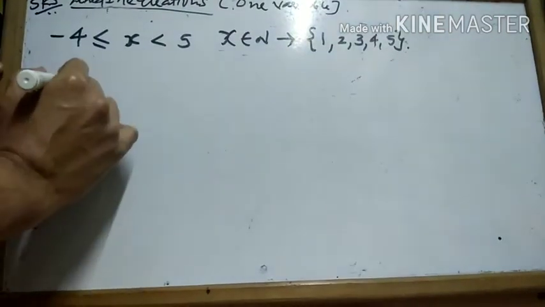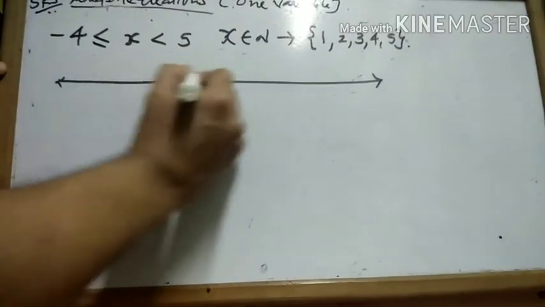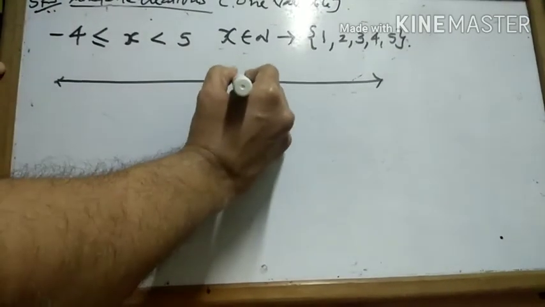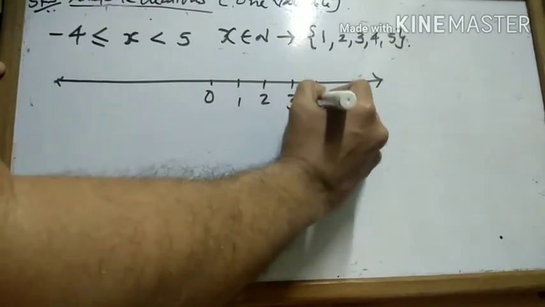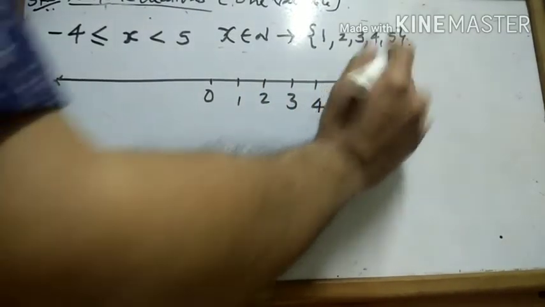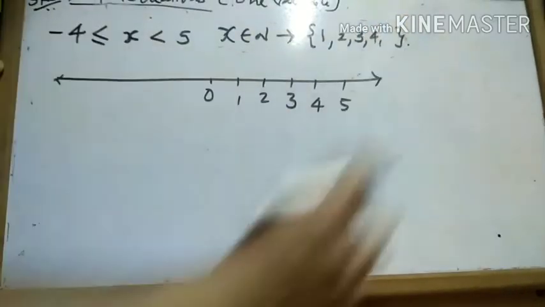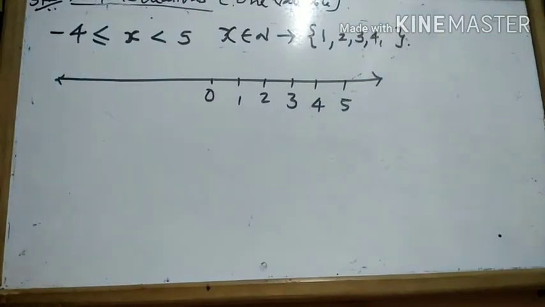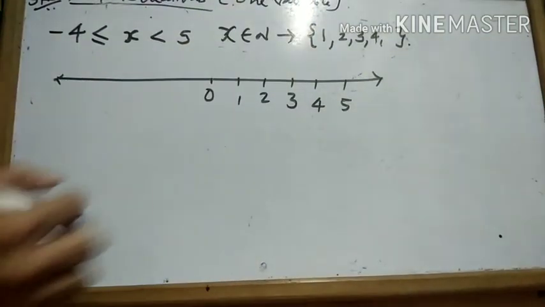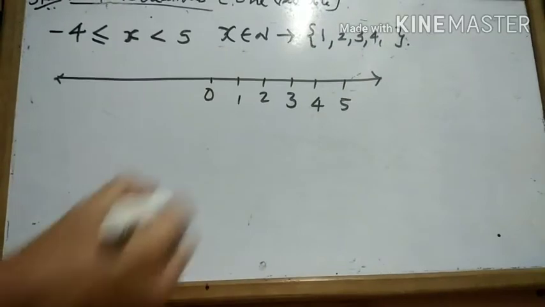Now as I told you, we are supposed to represent this on a number line. You know a number line? 0, 1, 2, 3, 4 and 5. My dear friends, I made an error. I am correcting it. It is less than 5, so it will be 1, 2, 3, 4. Now the answer is in the form of natural numbers and I have 4 members in that set.